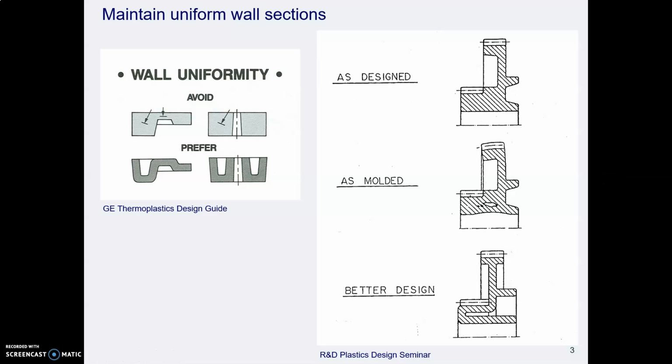So what you need to do when you're designing a part is look at the shape and then think about how could you rearrange that shape so that all the wall thicknesses were the same. And that's what you see in this redesigned section of the gear at the bottom of this slide.